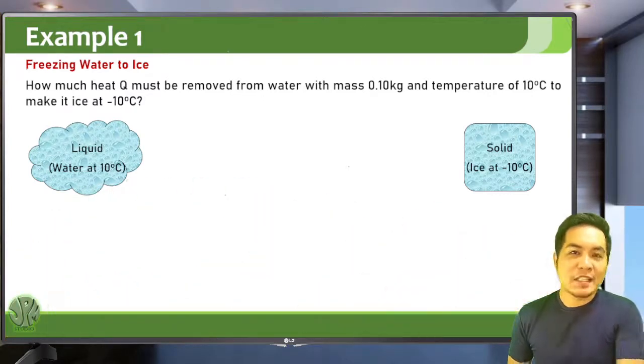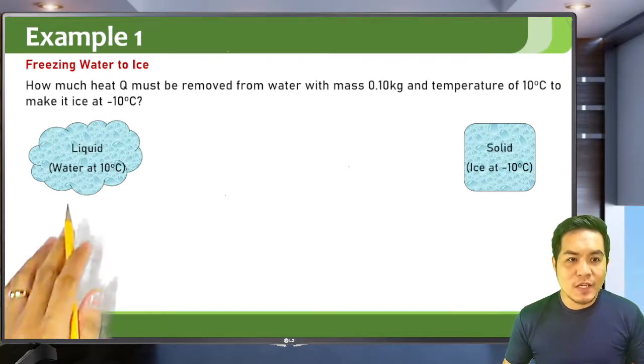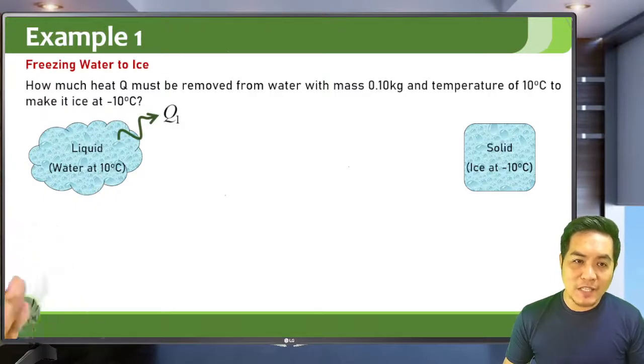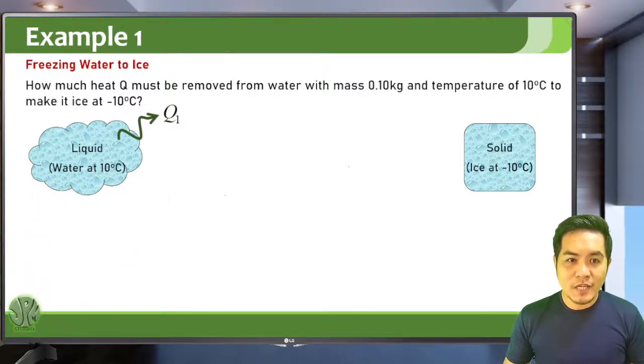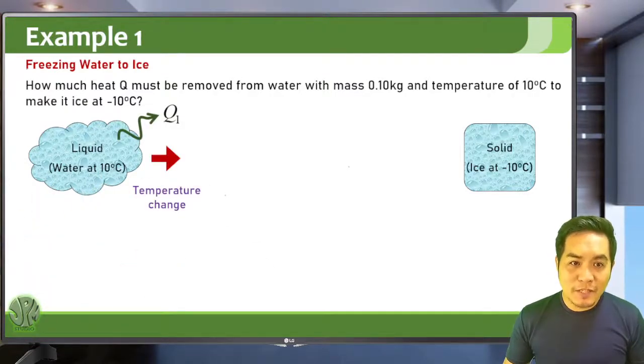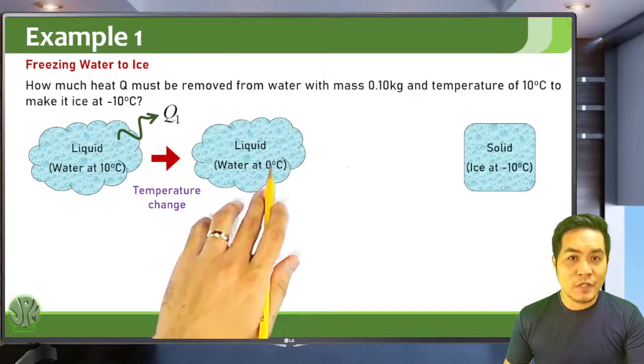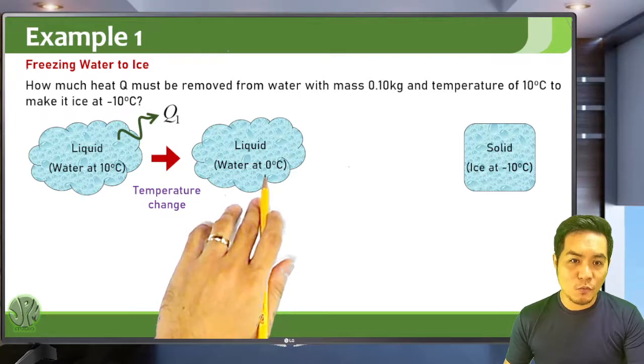Now, this doesn't happen in one step. First, the liquid water at 10 degrees Celsius must release heat in order to undergo a temperature change from 10 degrees Celsius to 0 degrees Celsius, which is the freezing point of the water.